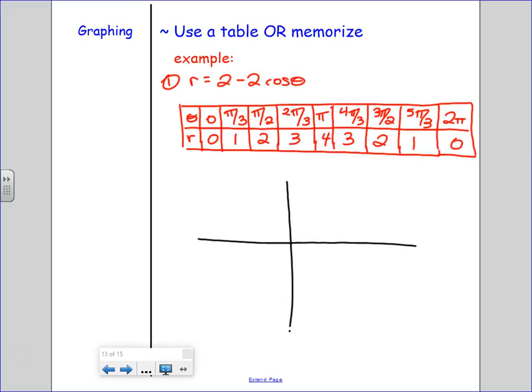Let's see what that looks like when we graph it. So I need to go out 1 and a 2 and a 3 and a 4. The more evenly you space it, the more it makes sense, hopefully.